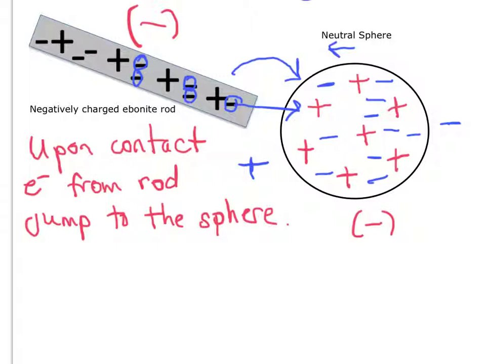Then as soon as it touches, it becomes negative, the rod stays negative, and the sphere jumps way far away. That shows it's attracted at first because of the positive side on the left, and then the negatives jump quickly over, and now you've got a negatively charged sphere repelling from your negatively charged rod.